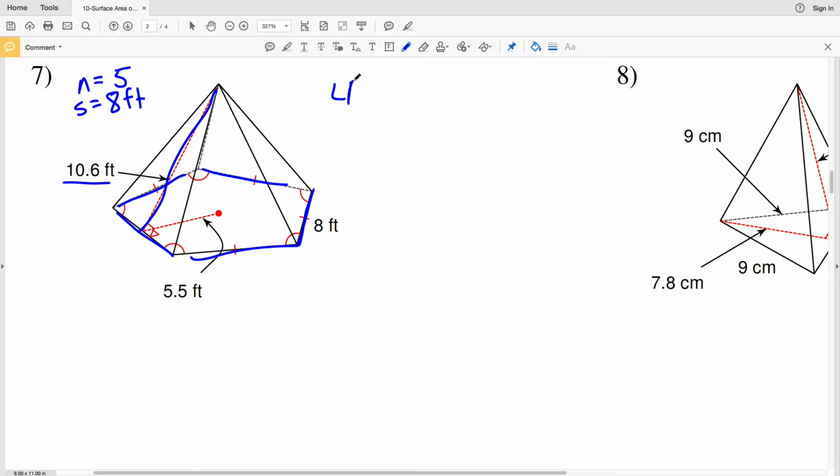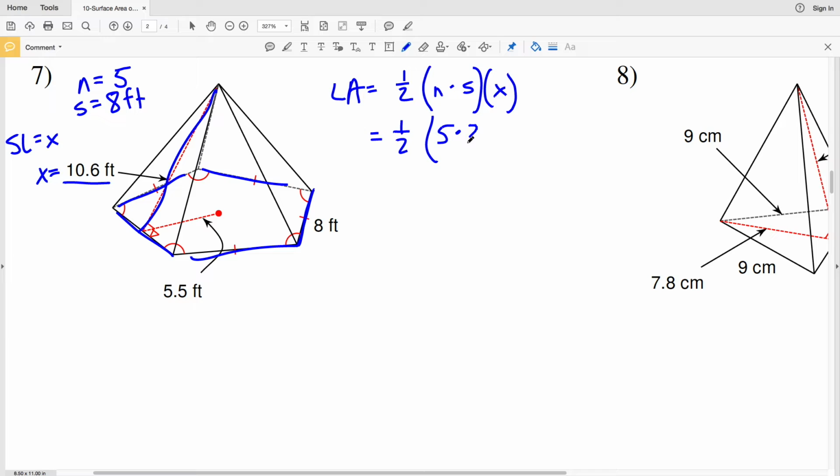So for lateral area, remember, it's 1/2 of the perimeter, which is N times S, multiplied by the slant length. But as opposed to writing slant length as SL, I'll write it as x.